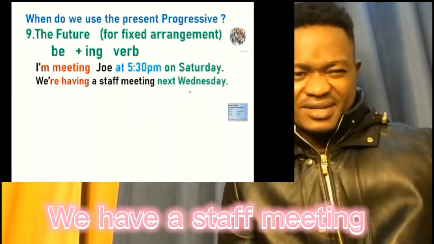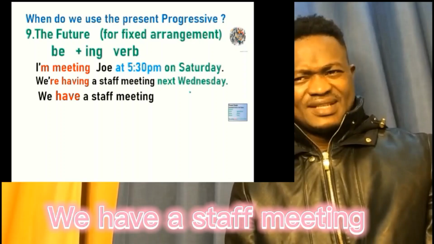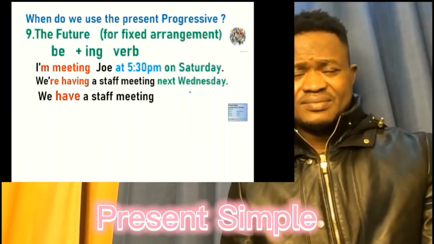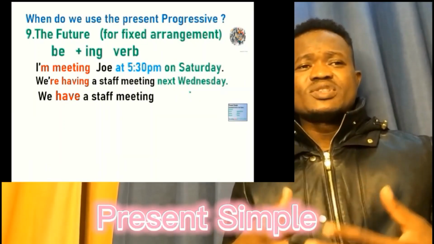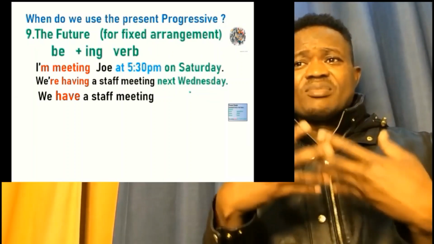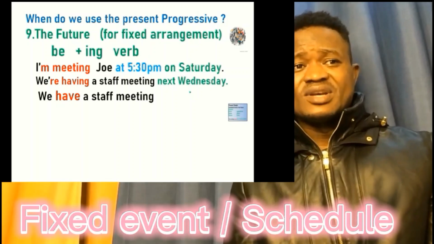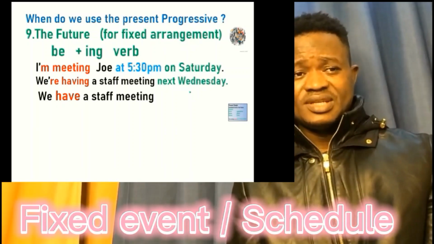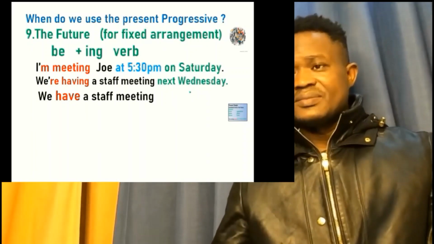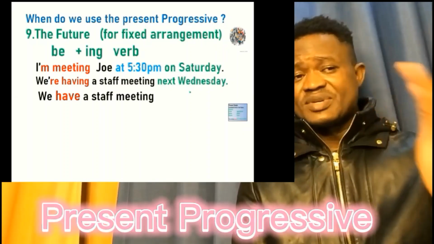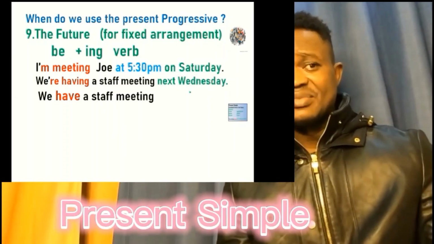All right, guys, let's go. We have a staff meeting. This is present simple. We use present simple to talk about the future in fixed events or schedules. So this is one of the differences between the present progressive and the present simple.